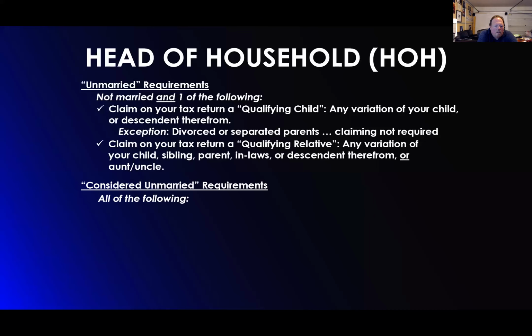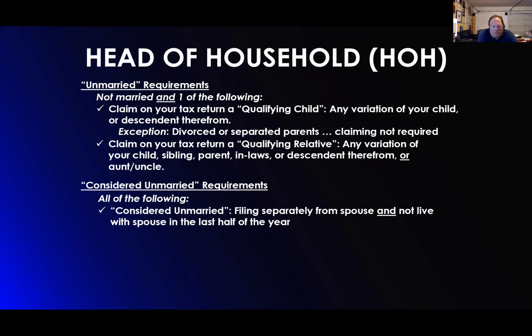Now, considered unmarried requirements. Unmarried is filing separately from spouse and not living with the spouse for the last half of the year. That's the important part. In other words, they are not eligible to be together with the spouse, basically. This happens with elderly individuals who can no longer take care of themselves. So considered unmarried is filing separately from their spouse and not living with the spouse for the last half of the year.